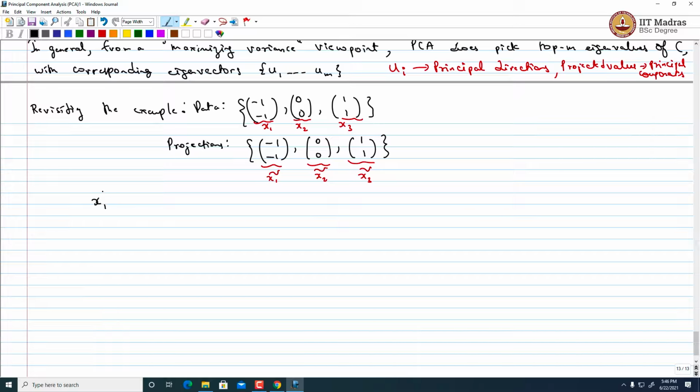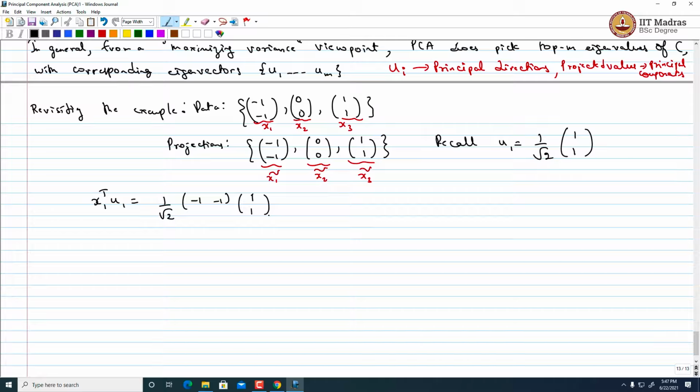Now x1 transpose u1 turns out to be 1 by square root 2 times (-1, -1) times (1, 1). Recall from the earlier calculation that u1 turned out to be 1 by square root 2 (1, 1).